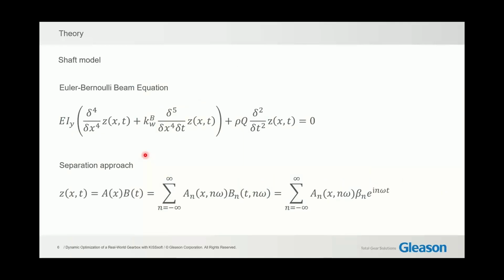Now, as promised, it gets a little bit theoretical. Up here you see the partial differential equation for an Euler-Bernoulli beam. Here this first element is sort of the stiffness of that beam. We have also the time derivative of that stiffness in here with some damping factor in front. So this is a damping element we have built in.